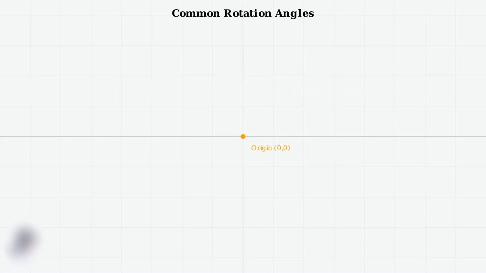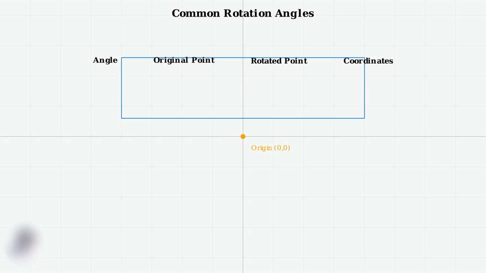Now let's examine the most common rotation angles and see how coordinates change with each rotation. We'll start with the same point at coordinates (2, 0). For a 90-degree counterclockwise rotation, our point at (2, 0) moves to (0, 2). Notice how the x and y coordinates essentially swap, with the original x-coordinate becoming the negative of the new y-coordinate.